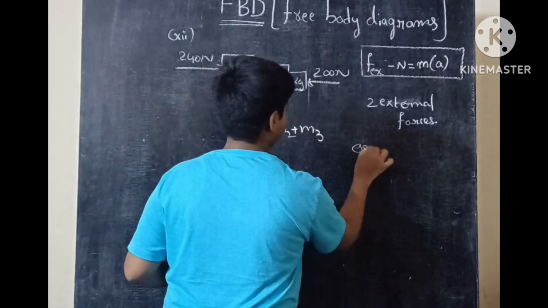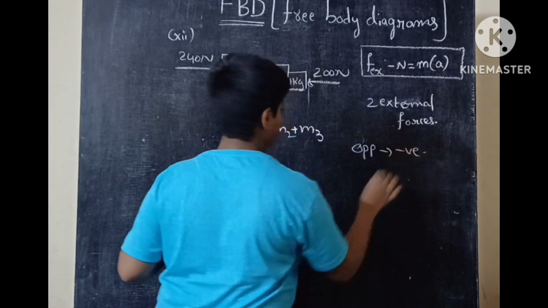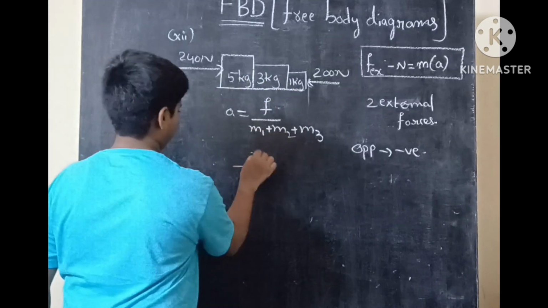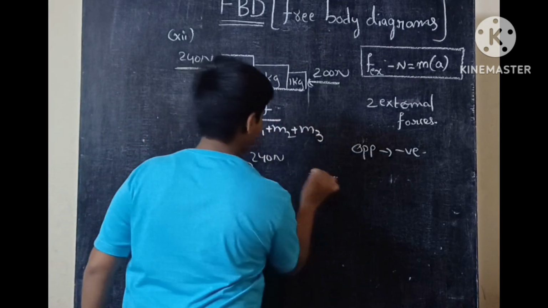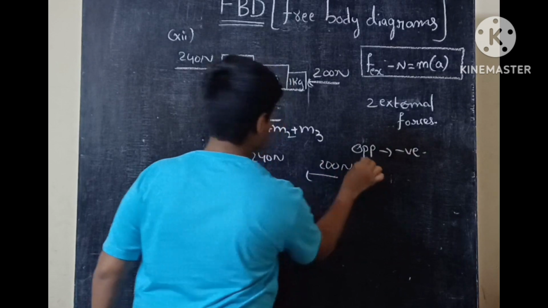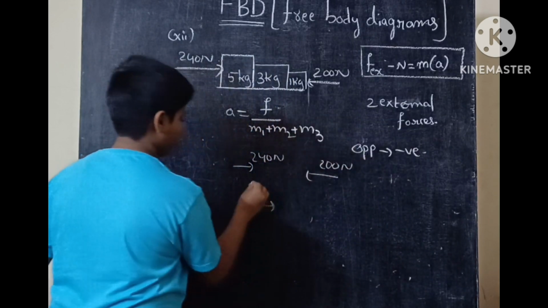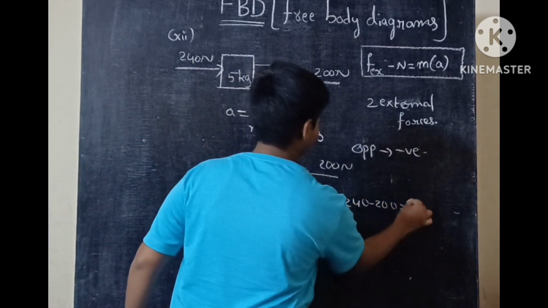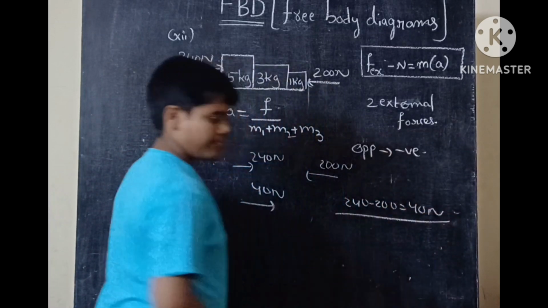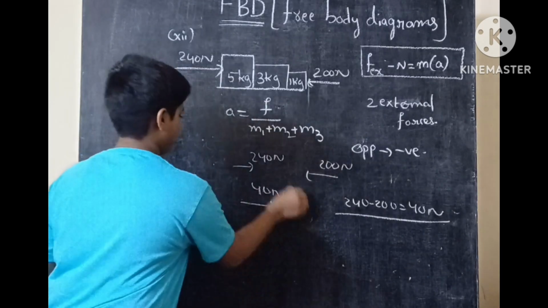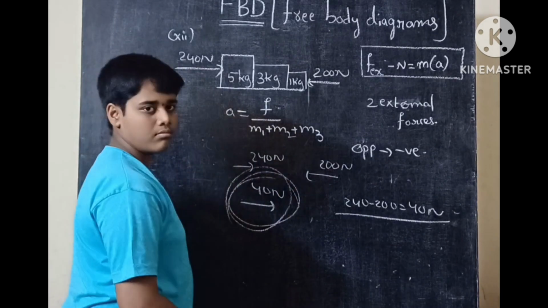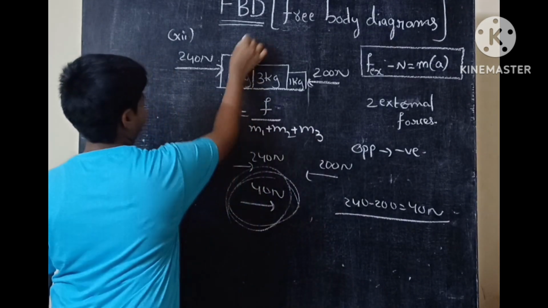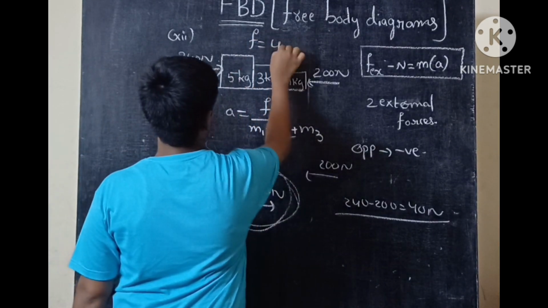Opposite direction means negative, so we have to subtract the forces. In this direction 240 newtons, in this direction 200 newtons, the resultant will be 240 minus 200, which is 40 newtons. So this is the final force after the resultant, and this force we have to apply in this equation.